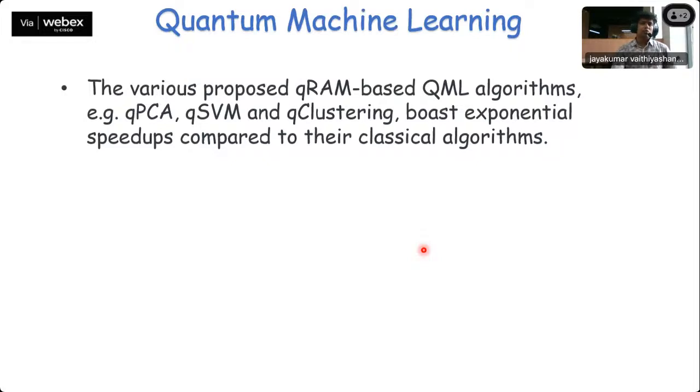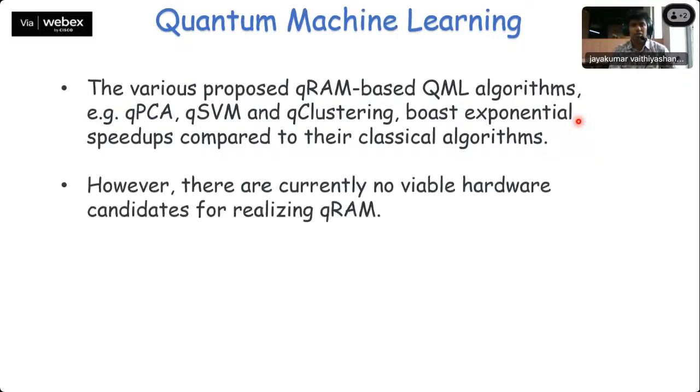So if you have QRAM in future, you are able to implement QPCA, principal component analysis, QSVM, clustering. It will speed up exponentially when compared to classical algorithms. So maybe in future, if we have QRAM, we can expect all these classical algorithms to turn into exponential speedup.